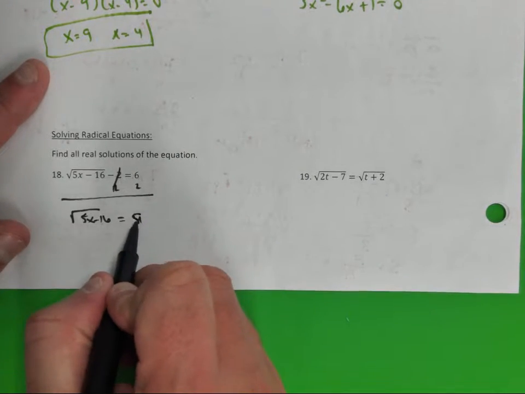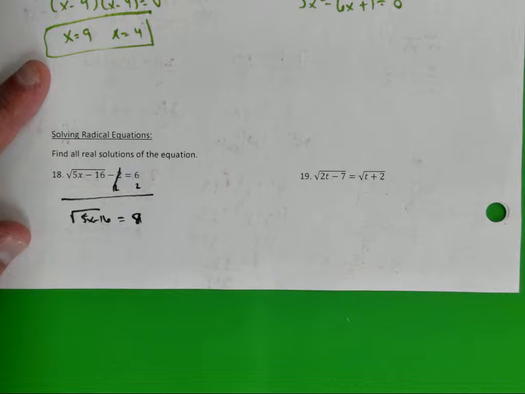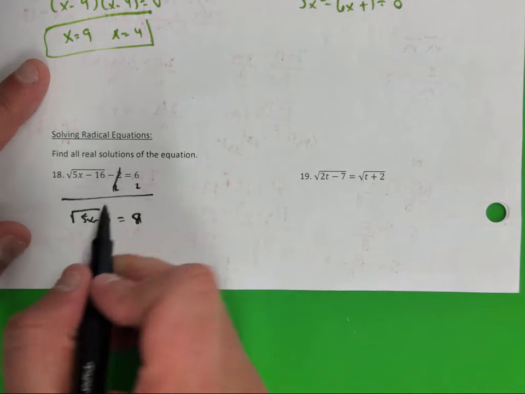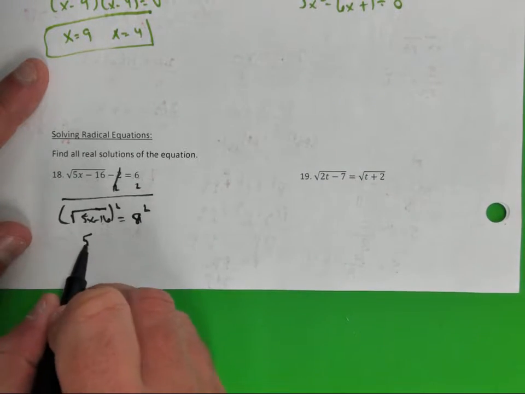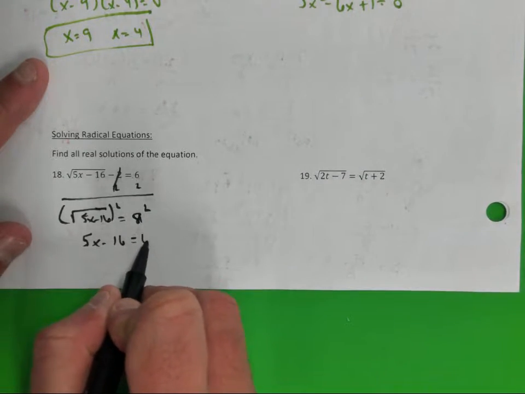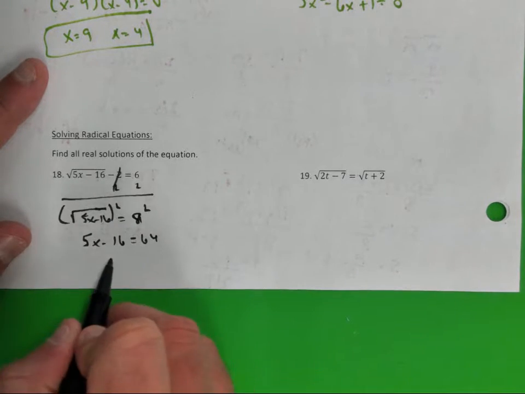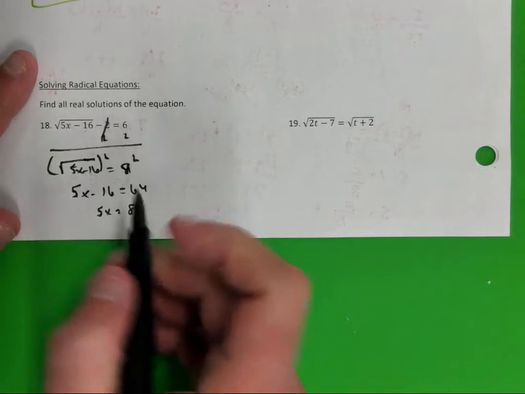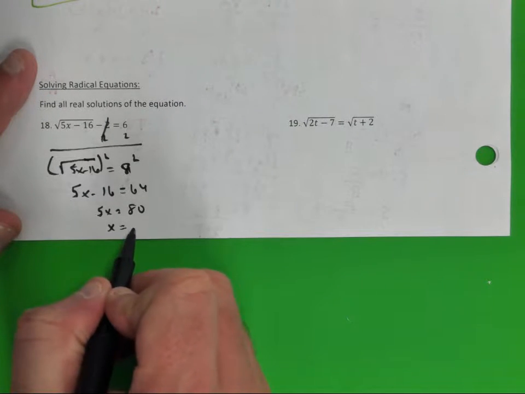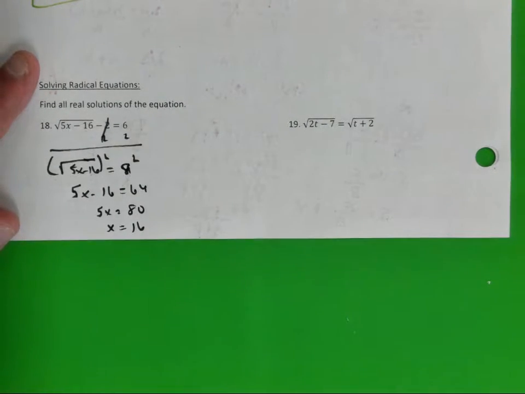Now, how do I get under that radical to work with it? You square both sides. Very good. So I got 5x minus 16 equals 64. Move the 16 over. That gives me 80. x equals 16.